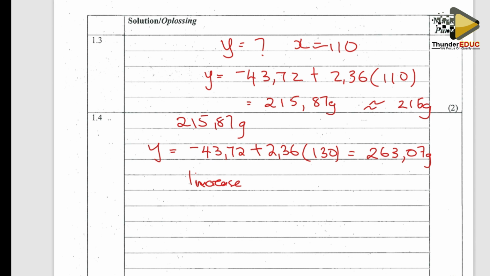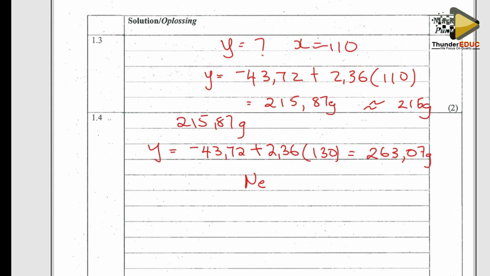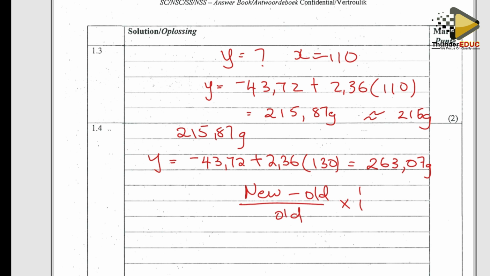Now, for us to calculate the percentage increase, it will be more like the increase. I hate using that formula. I would rather say the new weight minus the old weight, over the old weight, times 100%.